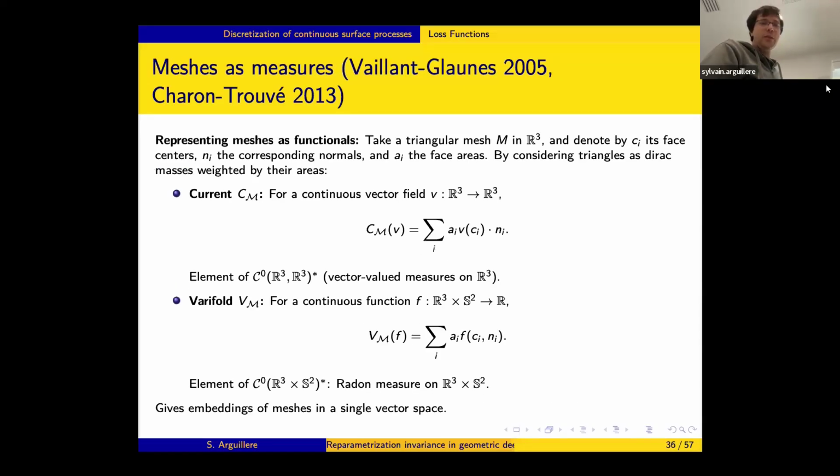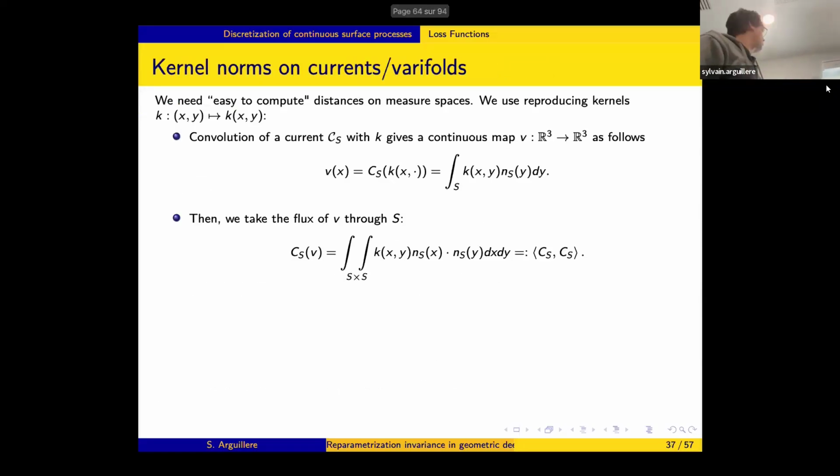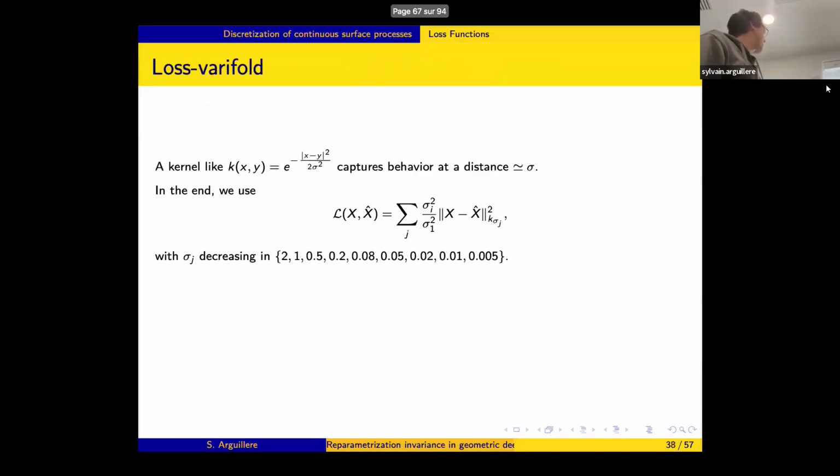You can discretize a triangular mesh as a sum of Dirac masses with weights equal to the areas of the various triangles. Then you use a kernel function, a hyperparameter, to easily compute distances between measures.